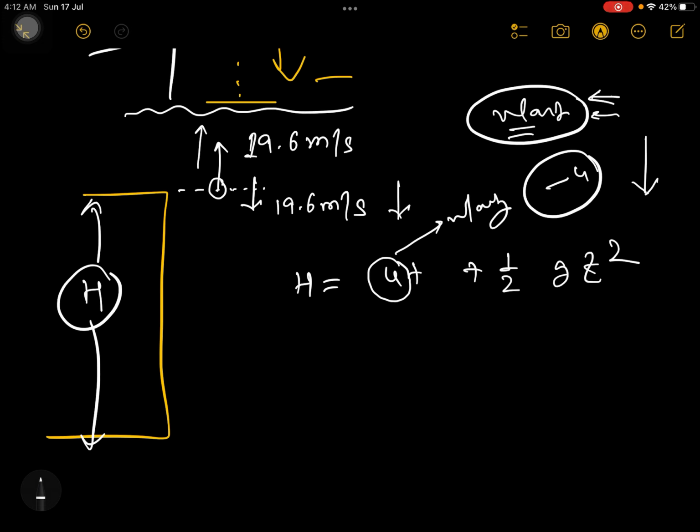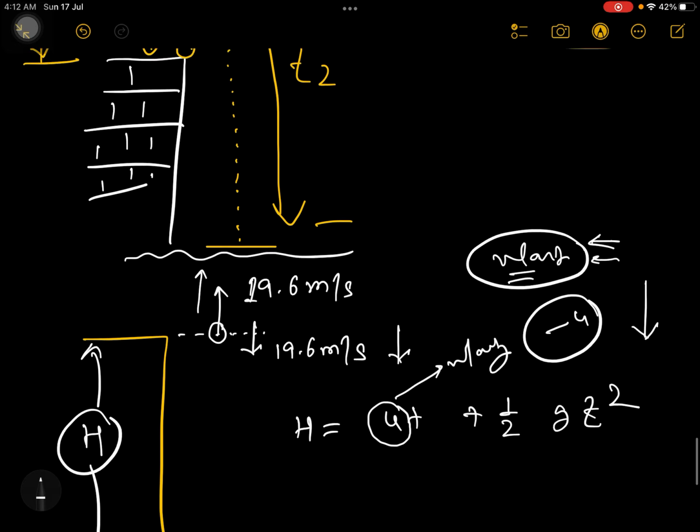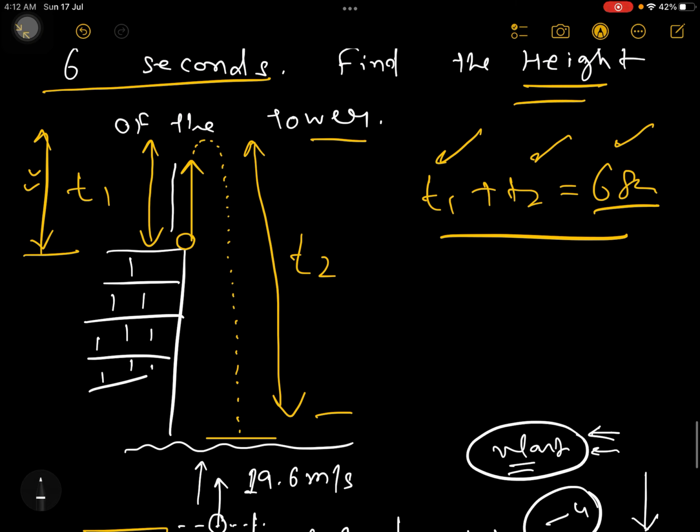Now my point is, why am I considering this downward velocity negative? Because the vertical motion of the ball we took positive, as the ball was thrown vertically upward in the beginning itself. So understand the logic here.